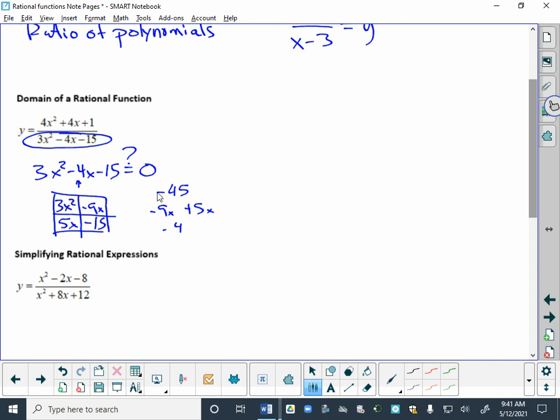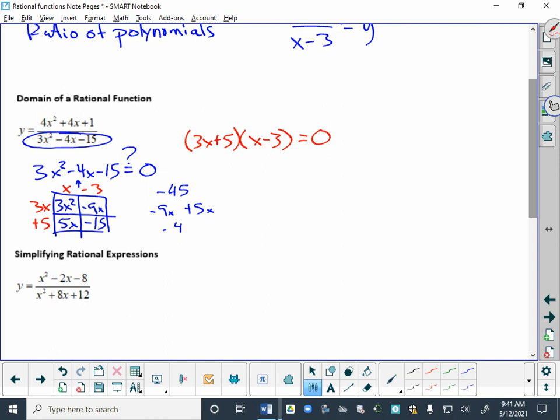Greatest common factor on this top here would be a 3x. And if that's a 3x, then that has to be an x. This would have to be a minus 3. This would have to be a plus 5. The 5 and the minus 3 make a negative 15. So this denominator could be factored as 3x plus 5 times x minus 3.